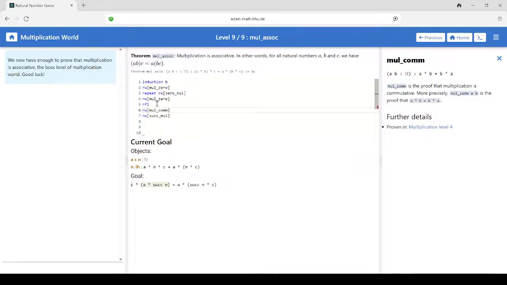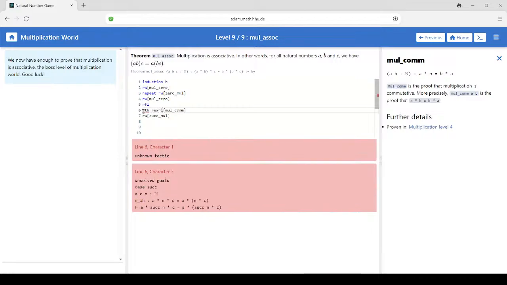Yes. But I don't think that's what I wanted to do. Can I use... Oh, I used a space instead of an underscore.